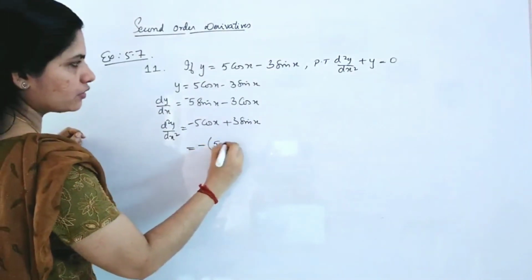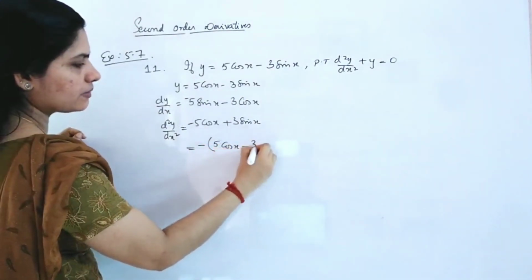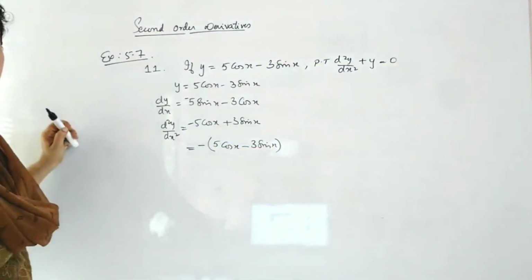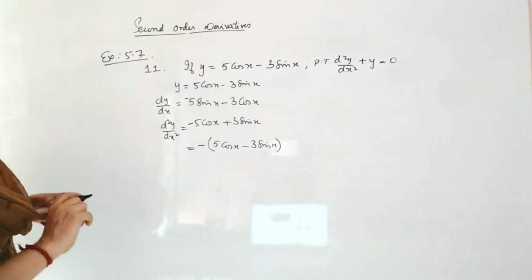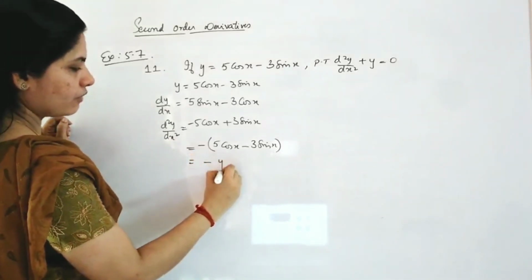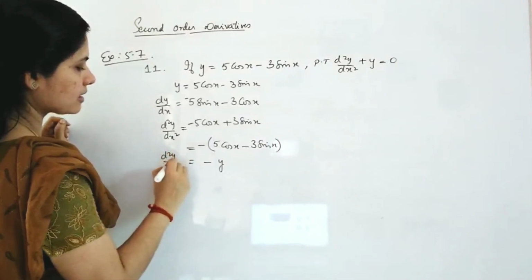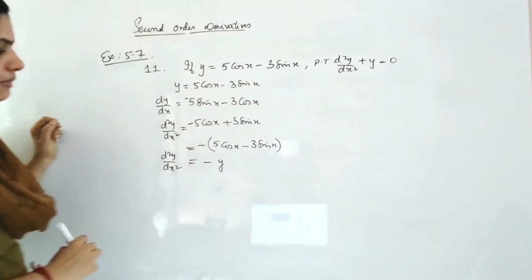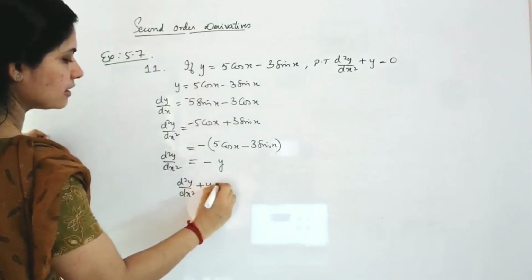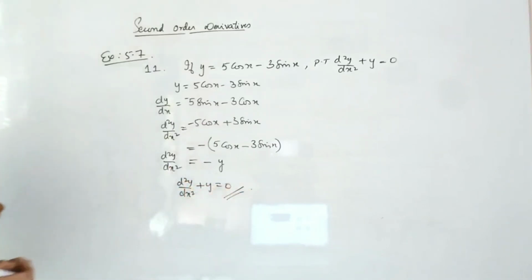Negative taken out will give you 5 cos x and this will become minus 3 sin x, which will give you minus y. So d square y by dx square is minus y, or d square y by dx square plus y is equal to 0.